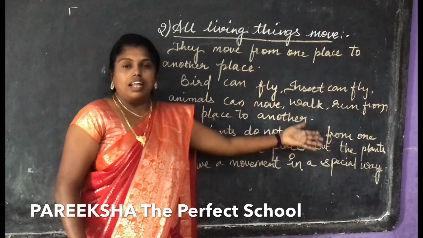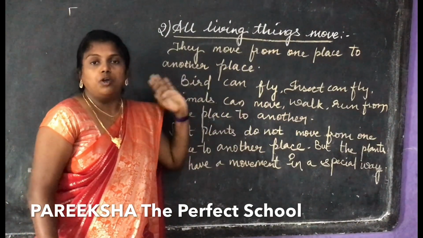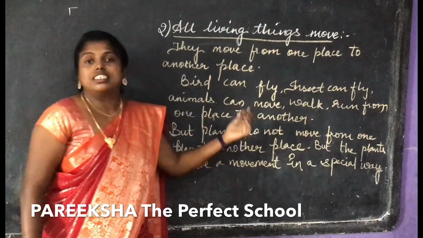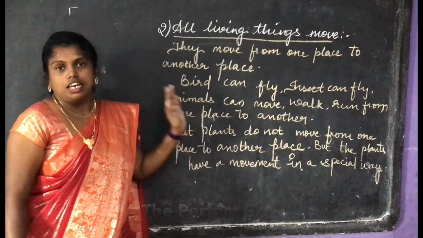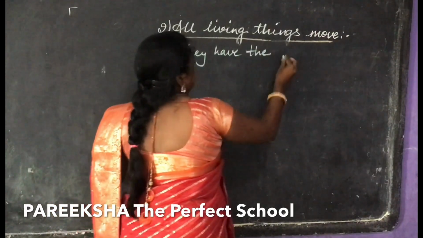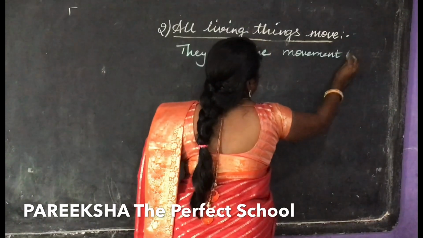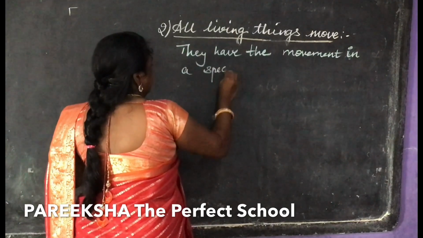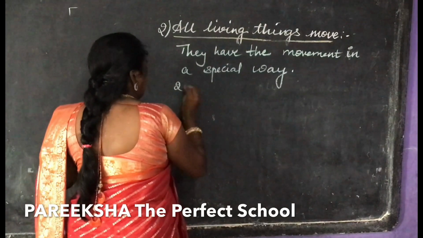Whereas plants do not move from one place to another, but they have a movement in a special way. So, let me give examples of this.